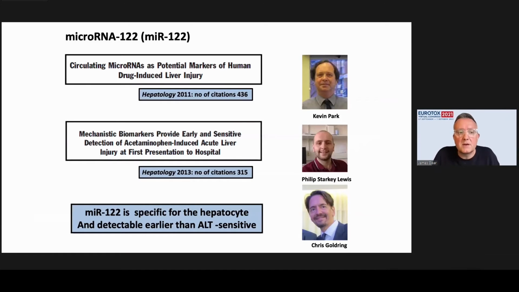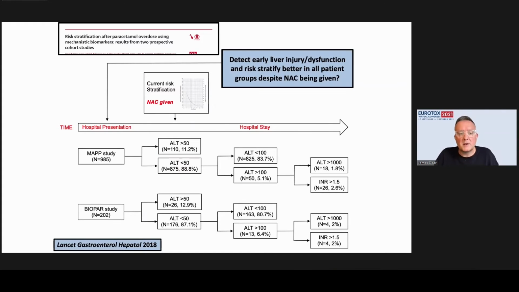So to summarize around 10 years of work, together with colleagues in Liverpool, we've shown that MIR122 is elevated in patients with paracetamol-induced acute liver injury, and that at first presentation to hospital, it can be useful as a biomarker. So I want to highlight this study that we published a few years ago now. This was a quite simple study, where we collected blood from patients when they first presented to hospital.